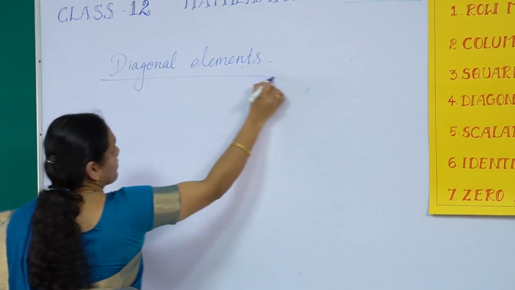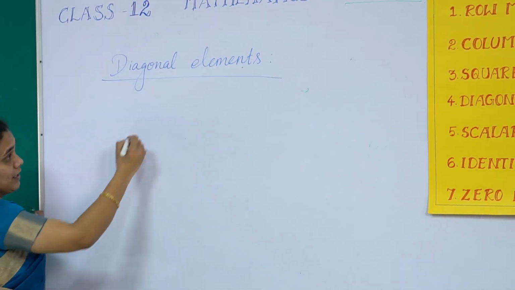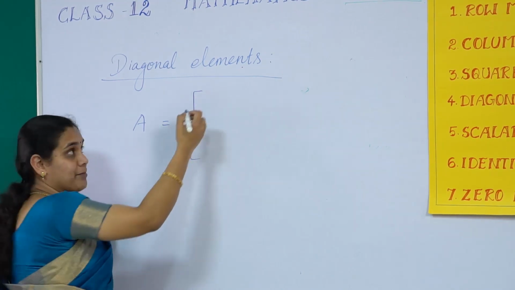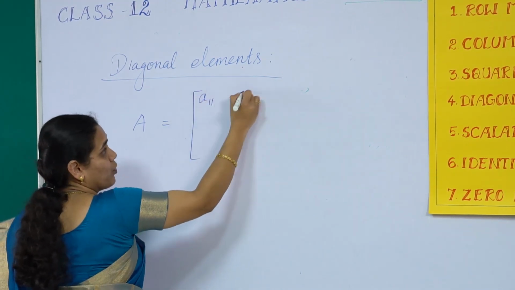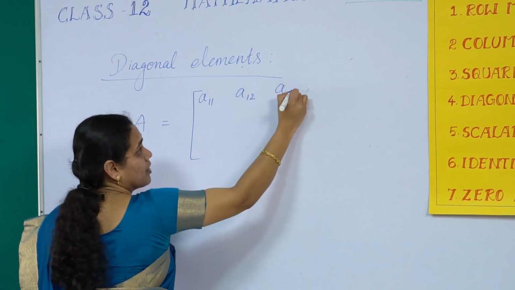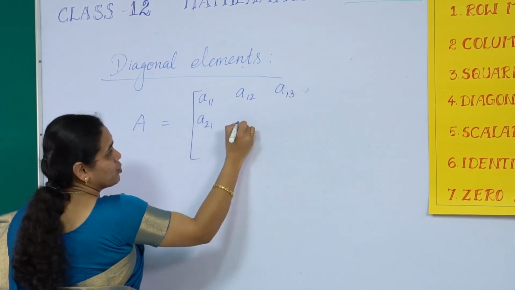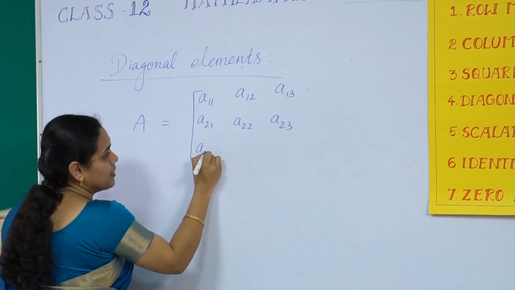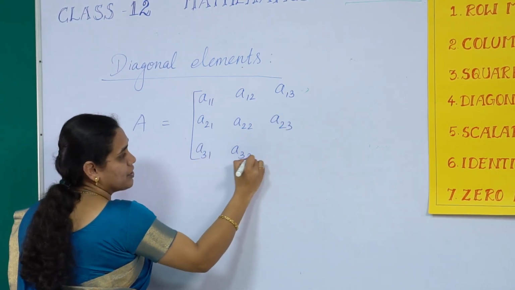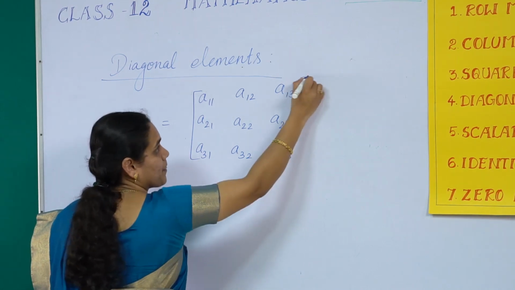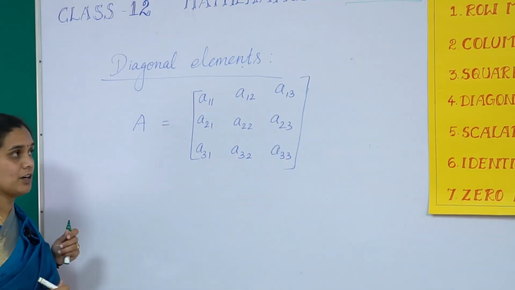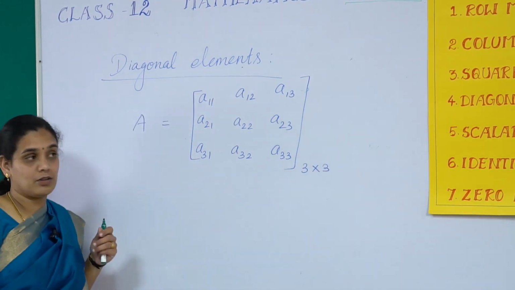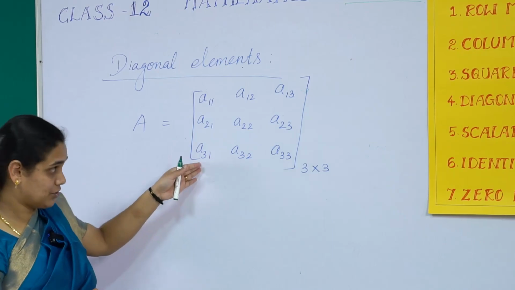Elements. Okay. Let us take a square matrix. I'll write this time in a general form: A11, A12, A13, A21, A22, A23, and A31, A32, and A33. I am taking a square matrix of order 3 by 3, or we can say that it is a square matrix of order 3.